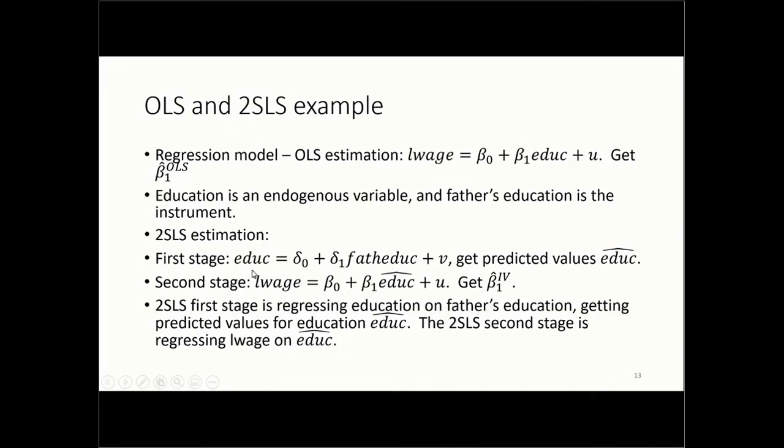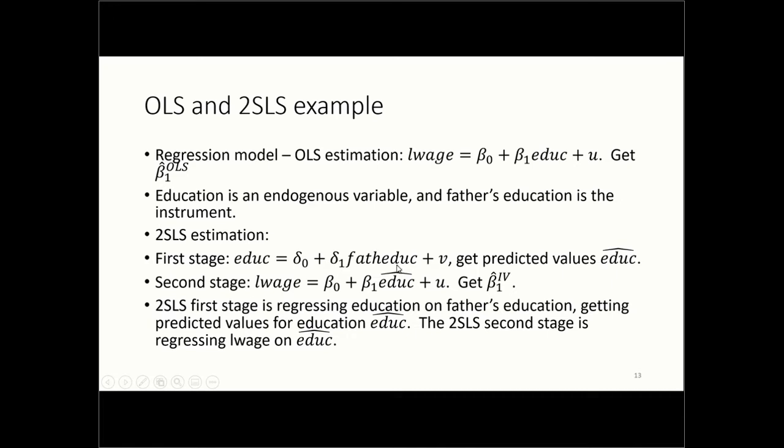So this is our X, the endogenous variable. And then the endogenous variable is regressed on the instrument, which is father's education. We are getting the predicted value, education hat, from this equation right here. So this education hat would only be based on exogenous information, which is the father's education, because we're assuming that's an instrument, therefore the information here is exogenous.